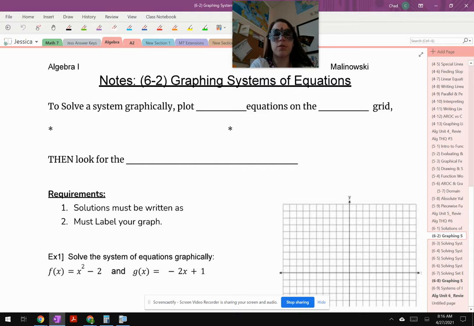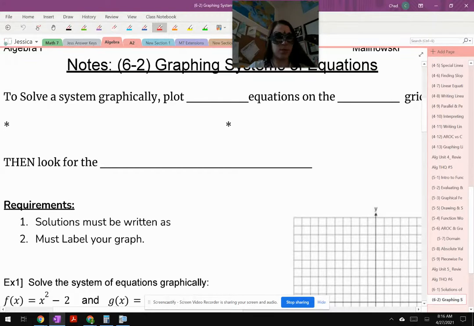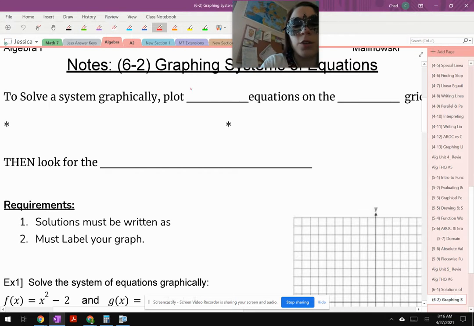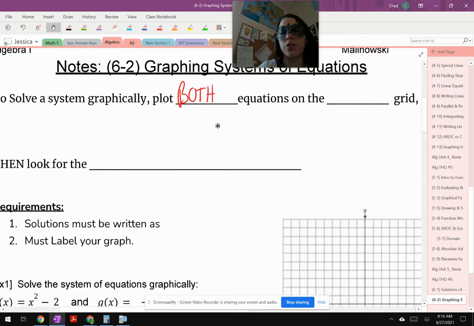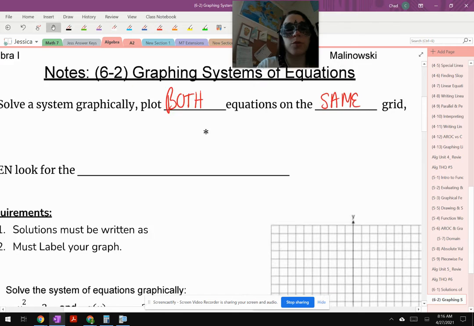So what we're going to be doing here is, again, this whole unit is about systems of equations, multiple equations, not just one. So to solve a system graphically, you're going to plot both equations on the same grid.